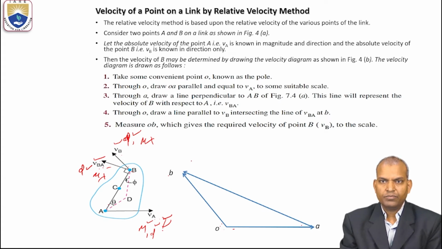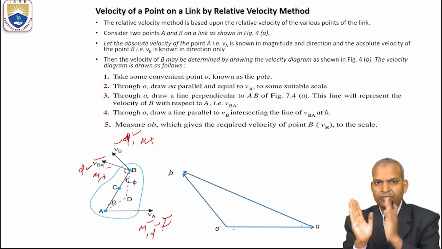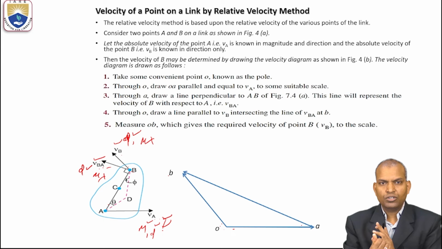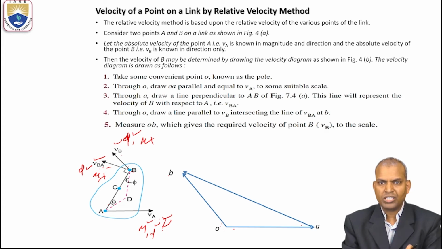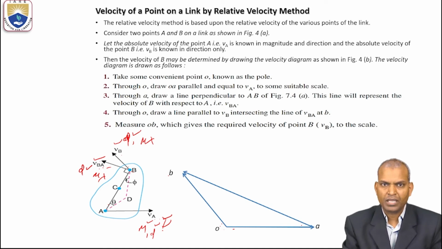If we understand broadly, there are two types of velocities. One is absolute velocity, another one is relative velocity. What is absolute velocity? Suppose I am driving a vehicle on the road, or suppose I am running on the road. The velocity of my body is absolute velocity with respect to the fixed point, that is, the road.